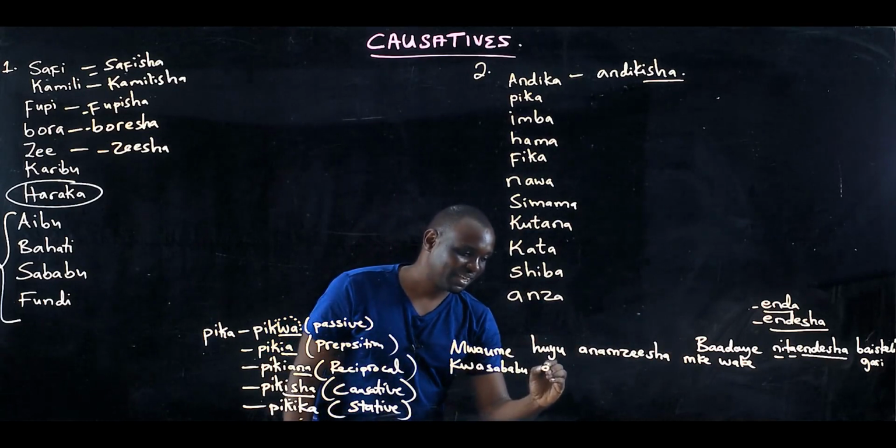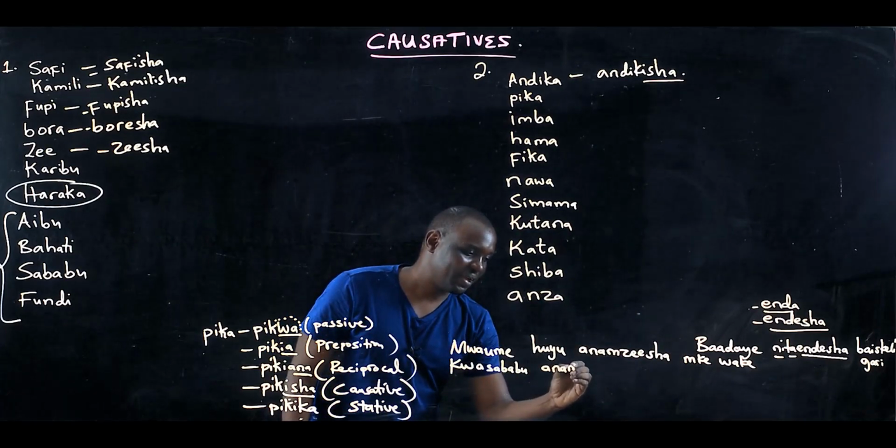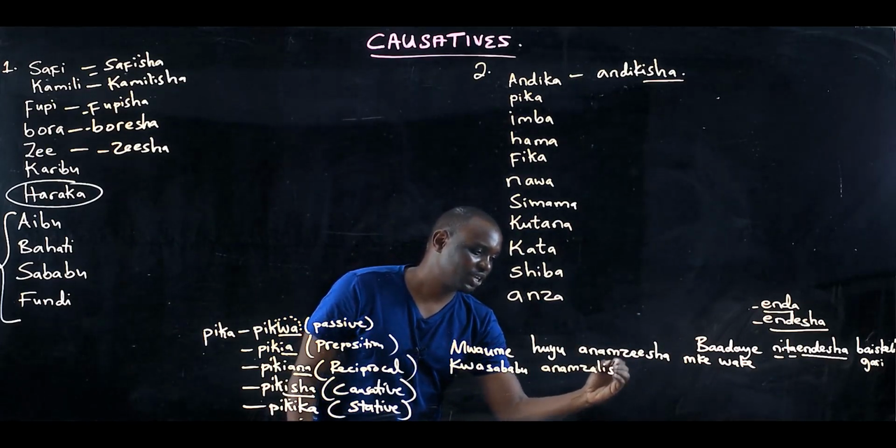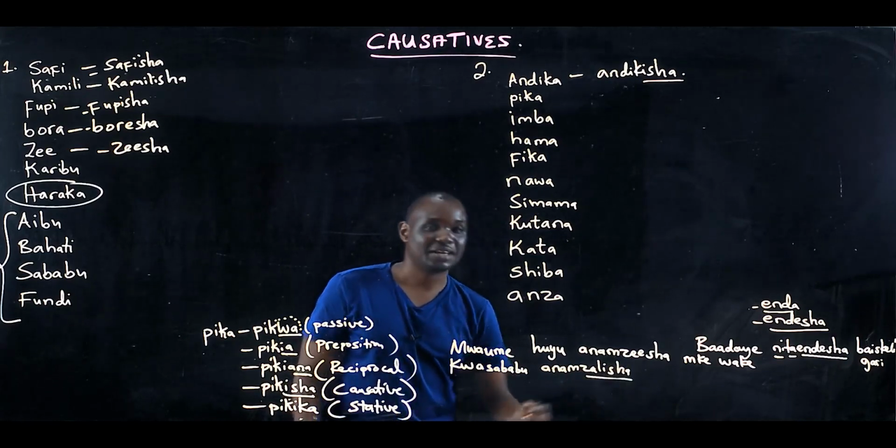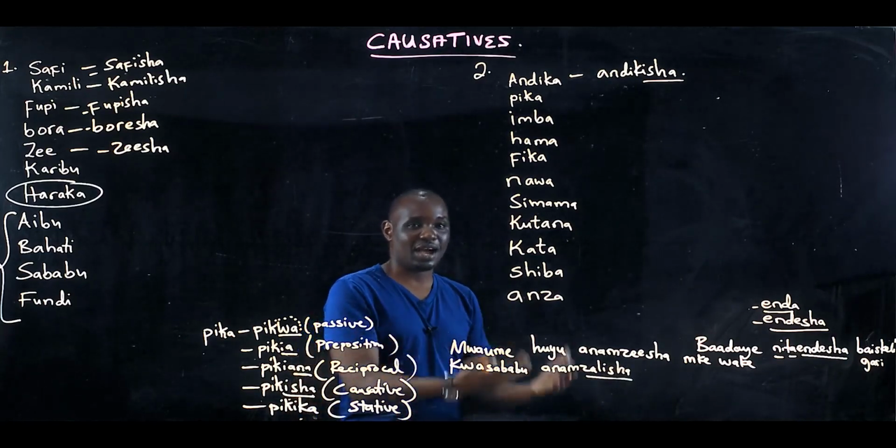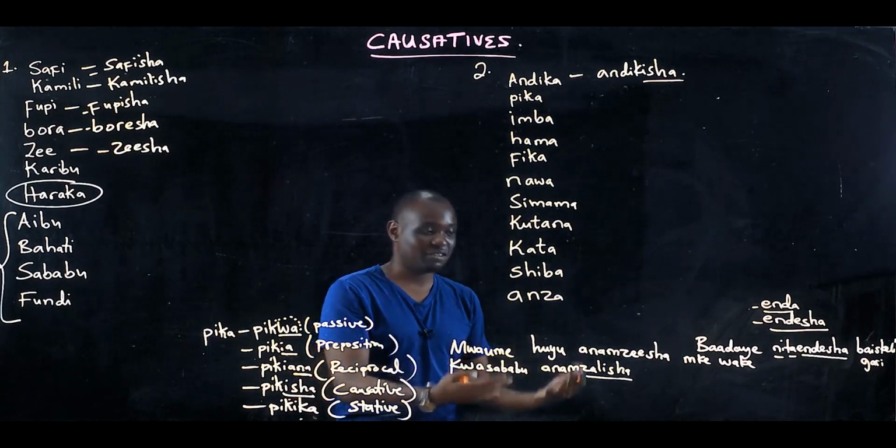Kwa sababu anamzalisha. You see? Zalisha is to make someone have the children, to make someone deliver the children.